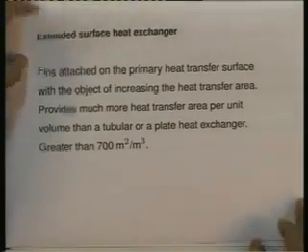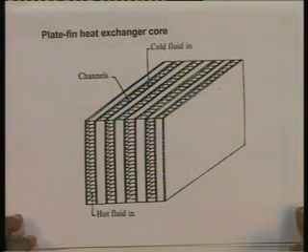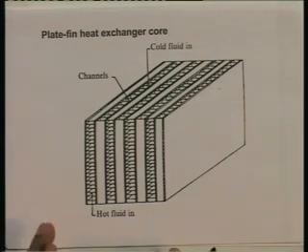Now, again let us look at some sketches to illustrate ideas. Here is what we call a plate fin heat exchanger. So, it is a plate heat exchanger, but with the fins added on, it becomes really an extended surface heat exchanger. So, here are the channels now.